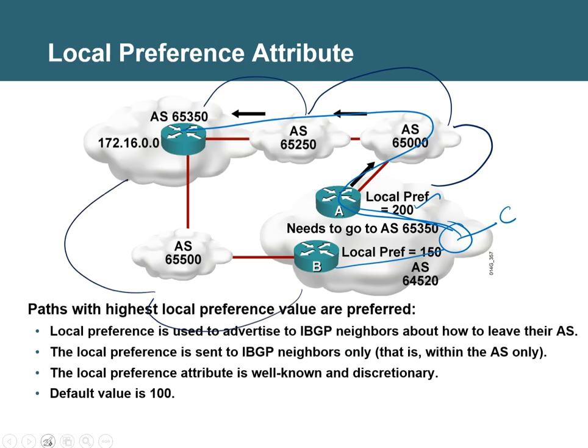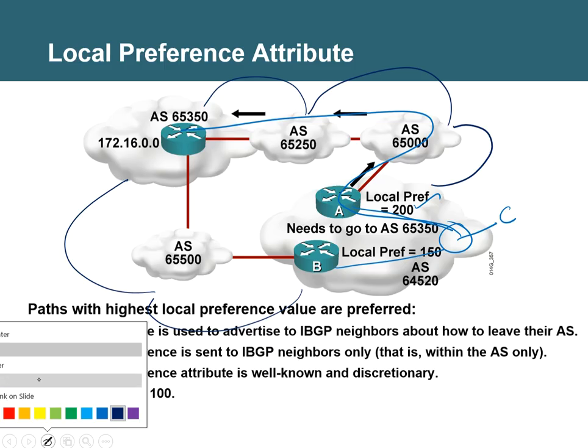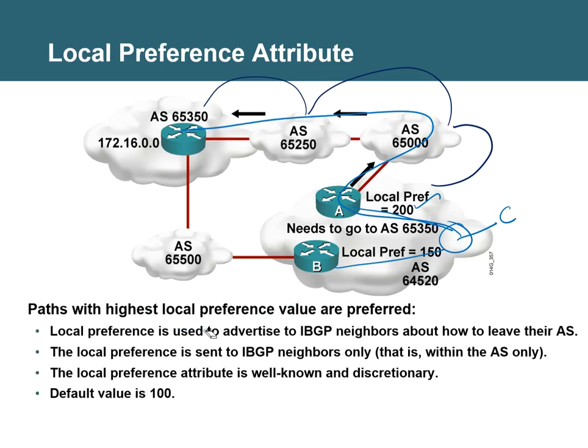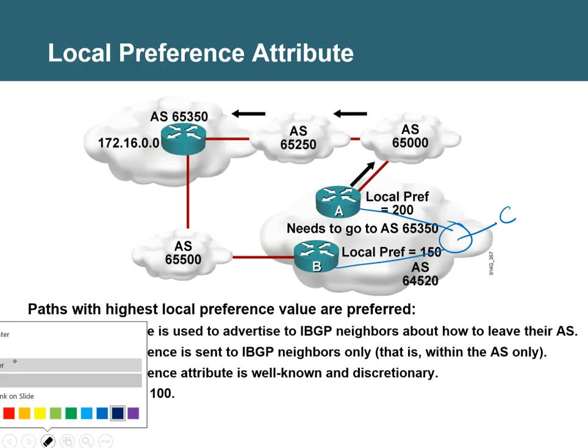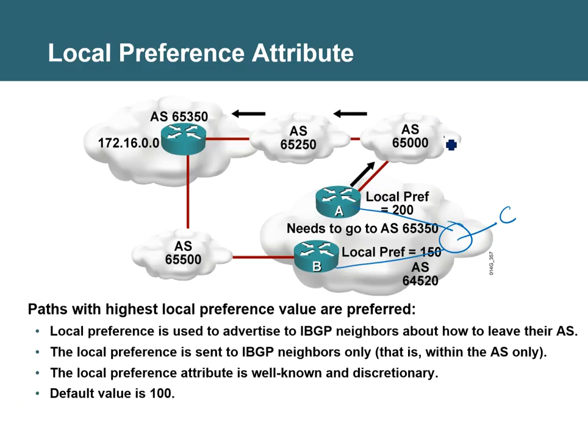Even though the AS path is less via B, it will not go via B, it will go via A, because local preference is set by you, because your policy is to exit. Your policy is to go to ISP A, not ISP B. You have two ISPs. You prefer to go via A.